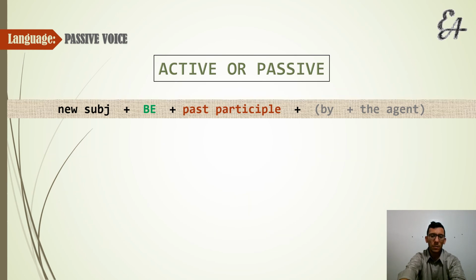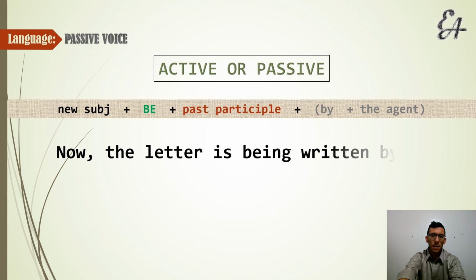We move on now. The letter is being written by Edward. We have a double verb to be, is and being, but we don't care a lot about this. Is the last one of them followed by a past participle?